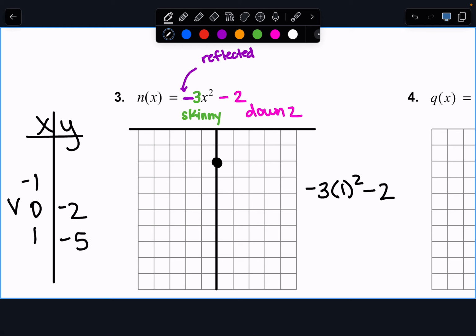And if I change this to a -1, it's still going to be -5. What if I change it to a -2? -3 times -2 squared minus 2. Negative what? -14. I'm not going to have room to graph that, but that's going to be okay.